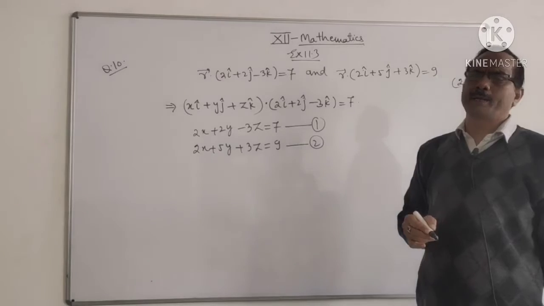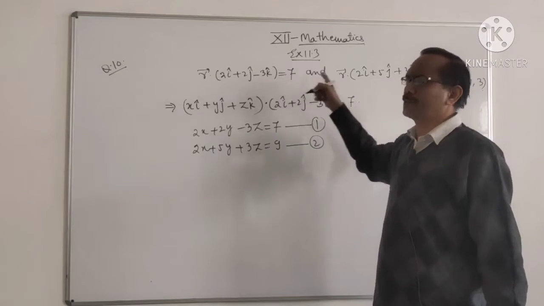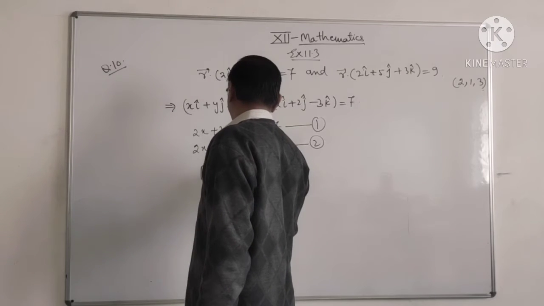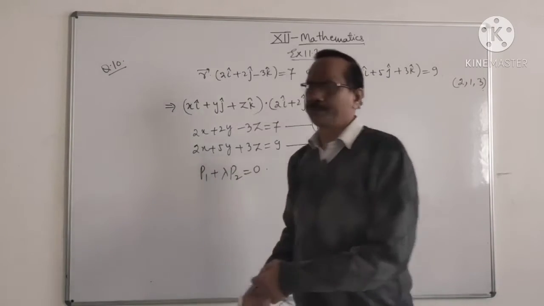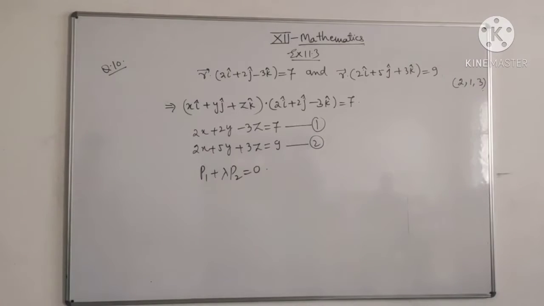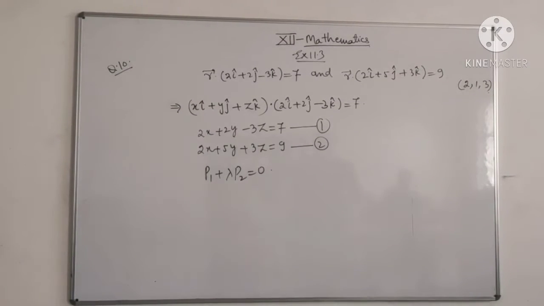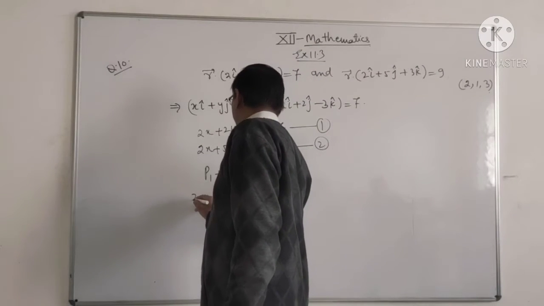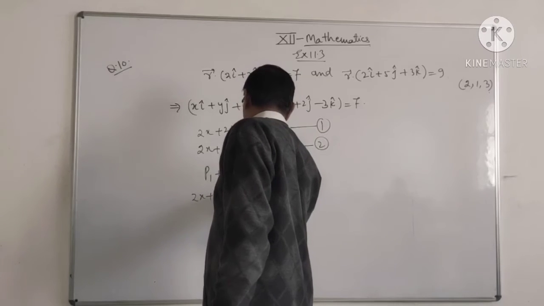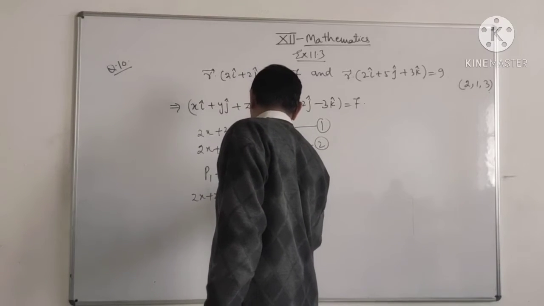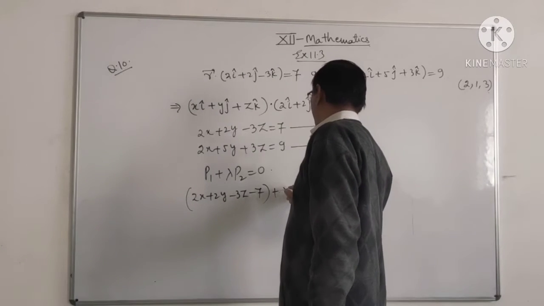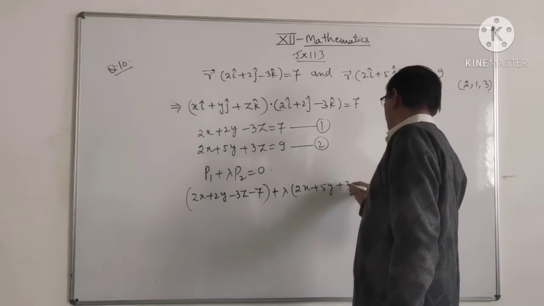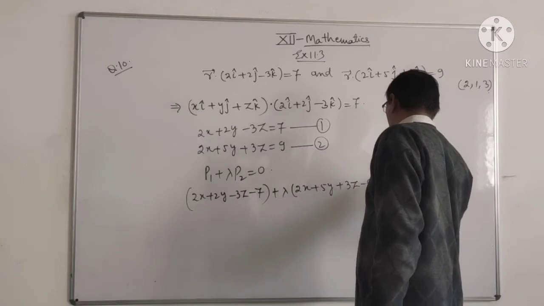Now, equation of the plane passing through the intersection of these two planes is P1 plus lambda times of P2 equal to 0. Therefore, it is 2x plus 2y minus 3z minus 7 plus lambda times 2x plus 5y plus 3z minus 9 equal to 0.